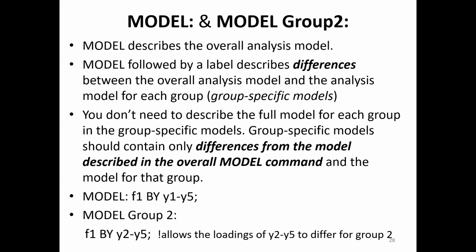So I say academic self-concept by S13 and S20. Why don't I say S11? Yeah, it's the marker variable, right? So the marker variable obviously is not going to be free to vary across the 2 groups. It's constrained to be 1, right? But I am going to allow the loadings for S13 and S20 to vary.